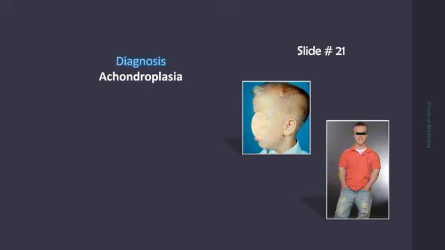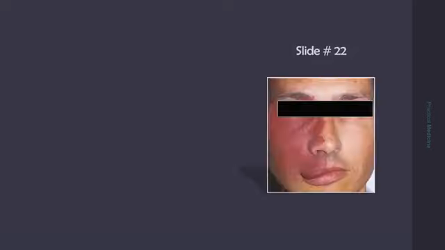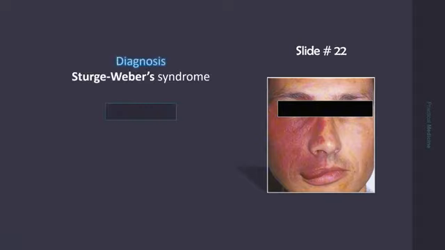This is achondroplasia, characterized by short stature and large head size. This is port wine stain seen in Sturge-Weber syndrome.